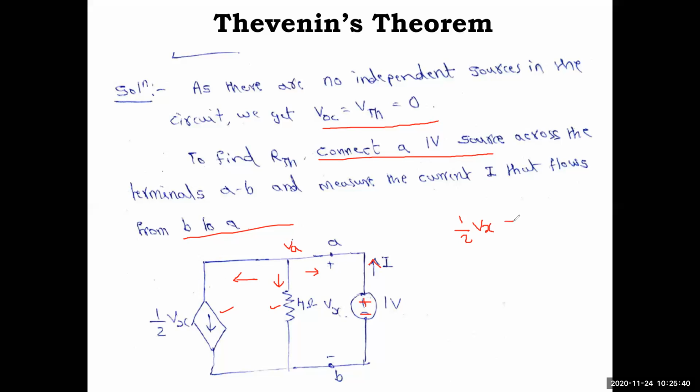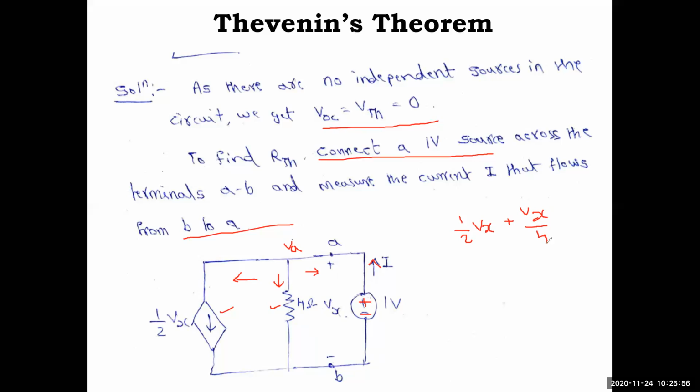Then this side you have Vx by 4, this branch.